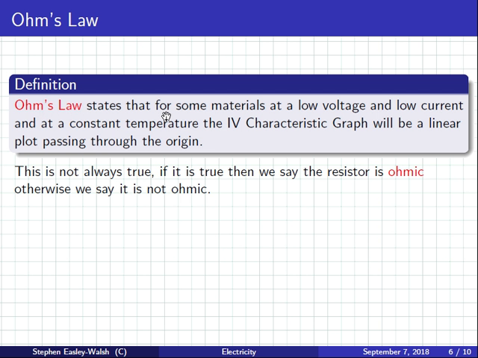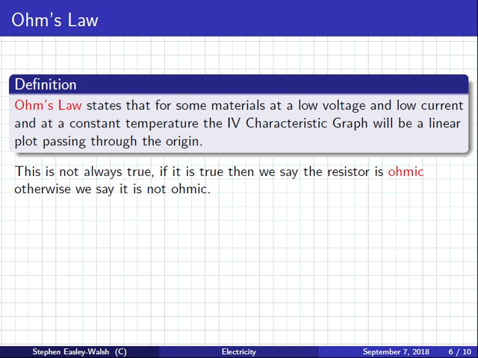Ohmic, OHM, is the same here as OHM. The IC makes it an adjective. It describes something which obeys Ohm's law. So if it obeys Ohm's law, we say it is ohmic. Ohmic is the adjective. So you don't need the dictionary.